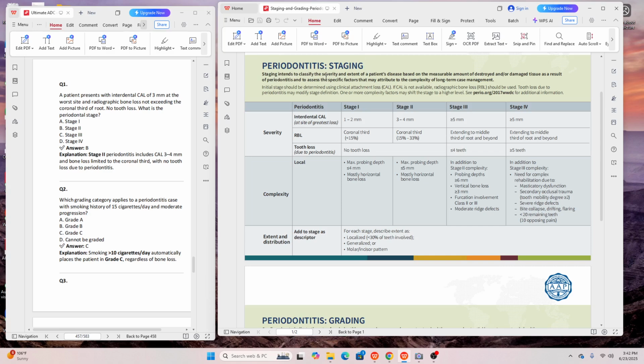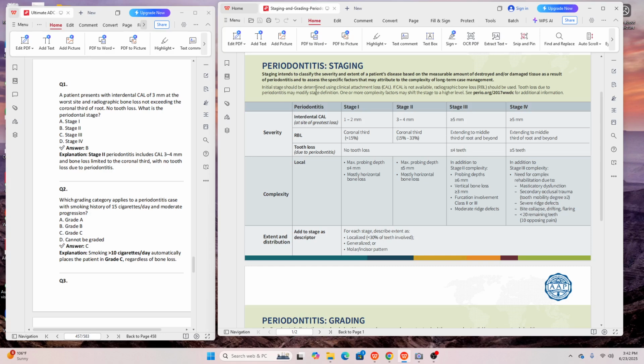Staging intends to classify the severity and extent of the patient's disease based on the measurable amount of the destroyed or damaged tissue as a result of periodontitis, and to assess the specific factors that may contribute to the complexity of long-term case management. So basically, you're going to classify the patient at a particular stage like 1, 2, 3, 4 based on the amount of destroyed or damaged tissue.